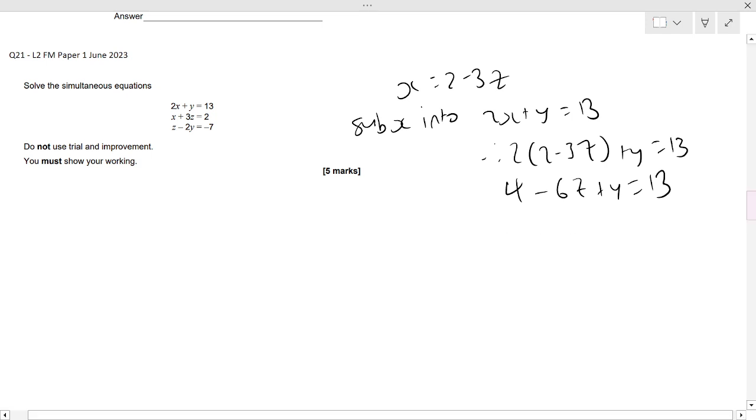So it's going to be minus 6z add y is 9. Not 13, take away 4 is 9. But we also have this equation on the bottom, z minus 2y is minus 7.